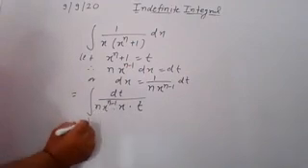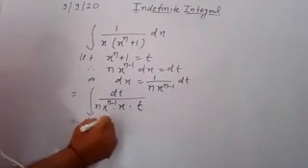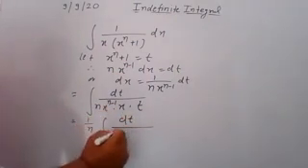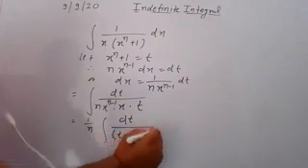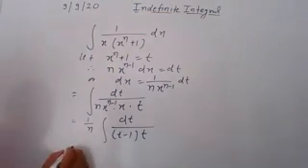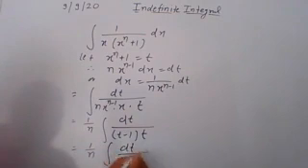So here 1 by n you write outside your integral, and here you write dt upon t minus 1 into t. Understand? Multiplying, you have 1 upon n dt upon t square minus t.